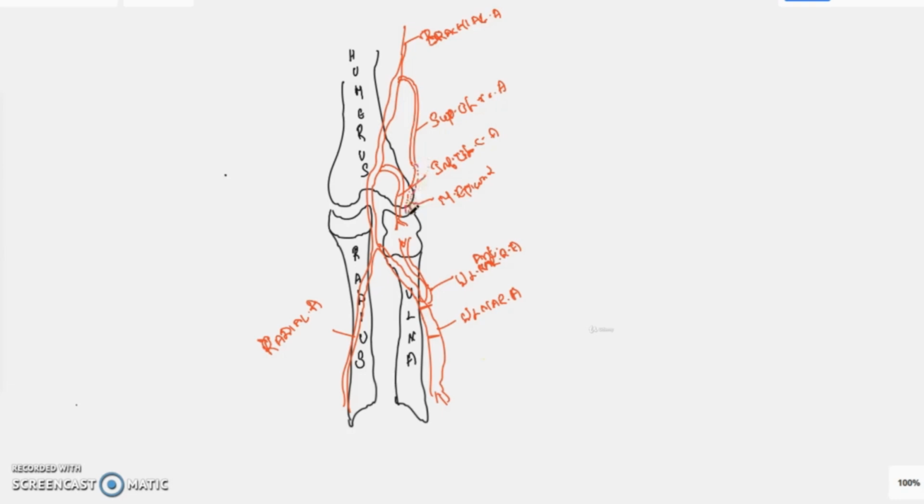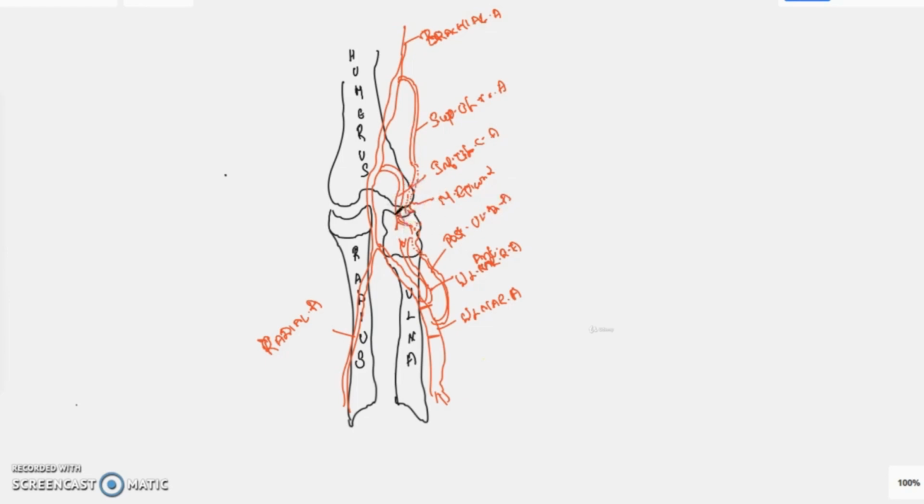This is anastomosing with again an ulnar artery branch, that is the posterior ulnar recurrent artery, which is also going behind to anastomose with the superior ulnar collateral artery. So this we will call the posterior ulnar recurrent artery. So we have anastomosis happening in front of and behind the medial epicondyle.